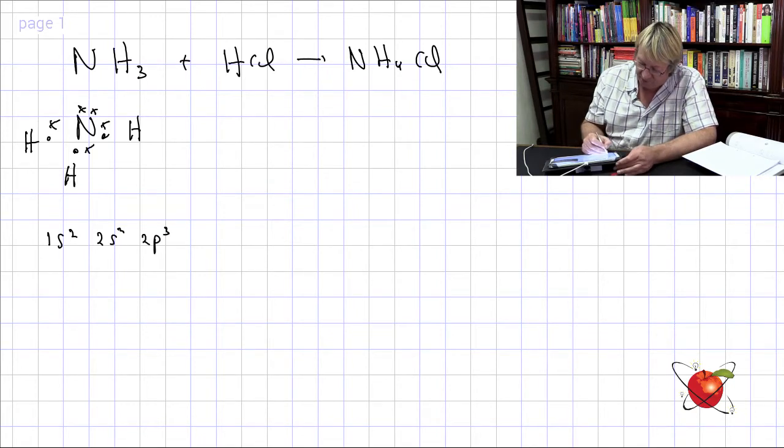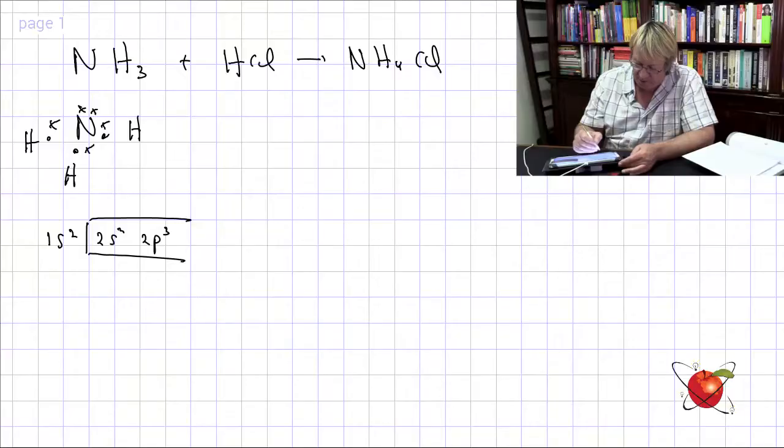If we draw the outside electrons here, we've got 2s2, 2p3, that's 4, that's 7, and we can fill it. Now you can see the electron structure around the center of the nitrogen: there's 2 on the top and there's covalent bonds on the side. What actually happens when it forms this?